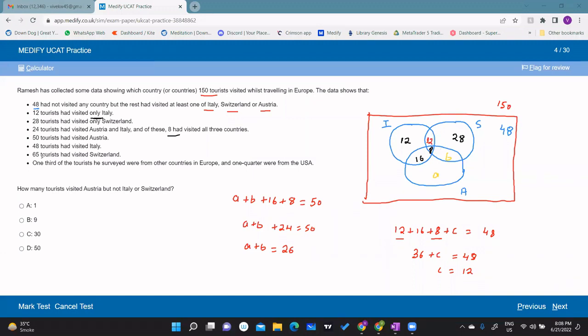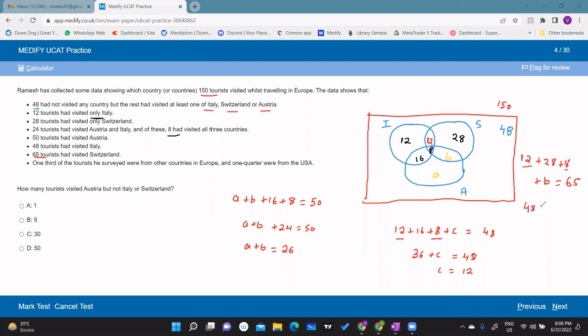65 tourists had visited Switzerland. So this entire circle of Switzerland is in total 65. So I can take up all the numbers in the circle of Switzerland. If I start with 12 plus 28 plus 8 plus B, that in total should be 65. That is the number of tourists in Switzerland. 12 plus 8 is 20. 20 plus 28 is 48.